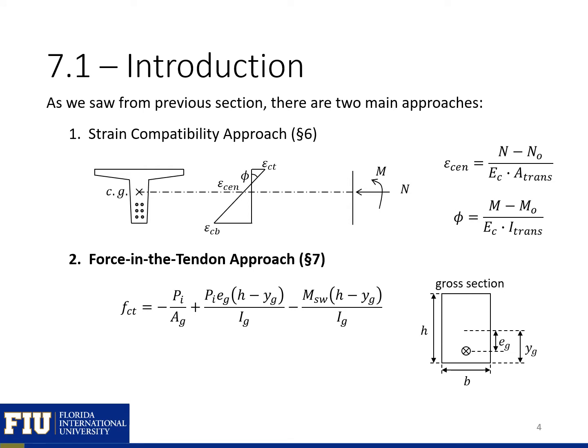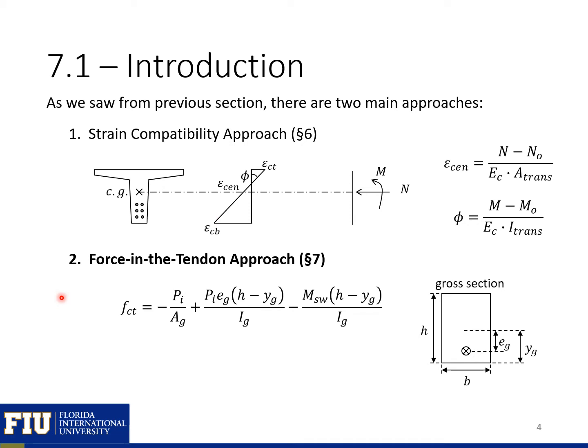As we saw from Module 6, there are two main ways that we can calculate stresses. The first, which we talked about in Module 6, is the strain compatibility approach, where we calculate the strain at the centroid and the curvature in the section, and then from that calculate the strains and stresses at any location in the section depth.